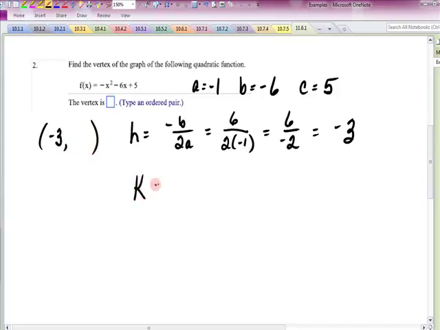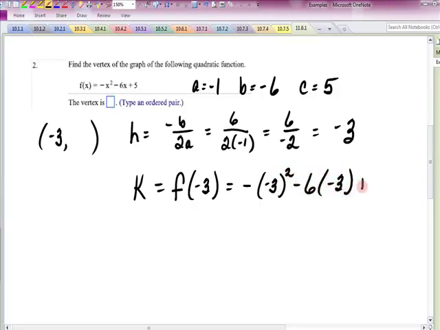To get the corresponding k, I'm going to look at the function evaluated at negative 3. So I'm going to put negative 3 in the place of x. It is the opposite of negative 3 squared minus 6 times negative 3 plus 5. Using your order of operations, you square this first for 9, then multiply it by the implied negative 1.